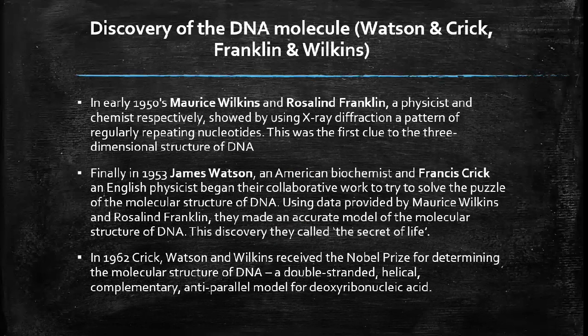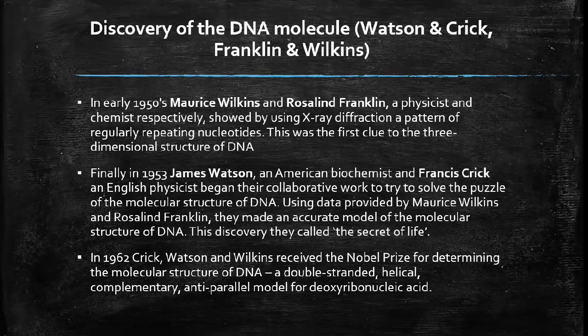And then finally in 1953, James Watson, an American biochemist, and Francis Crick, an English physicist, began their collaborative work to try to solve the puzzle of the molecular structure of DNA. Using data provided by Maurice Wilkins and Rosalind Franklin, they made an accurate model of the molecular structure of DNA. This discovery, they called the secret of life.